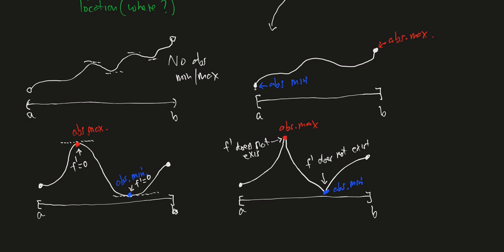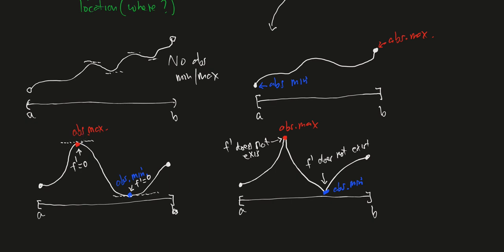And it turns out for continuous functions, if your interval is closed, meaning you start at one number and end at another number, and those two numbers are included, and if you have a continuous function over that interval, then at some point the function has to hit a high value, whether it's at an endpoint or at a singular point or at a stationary point.